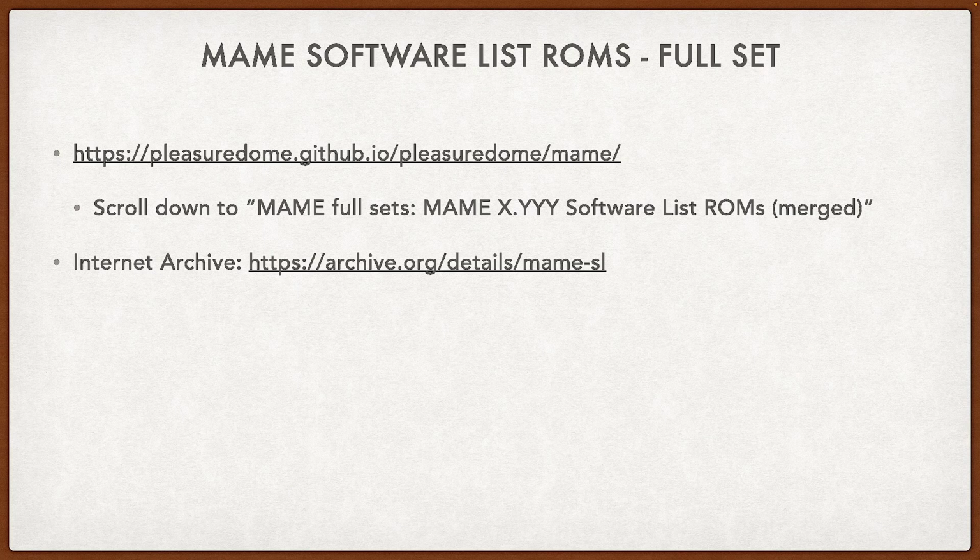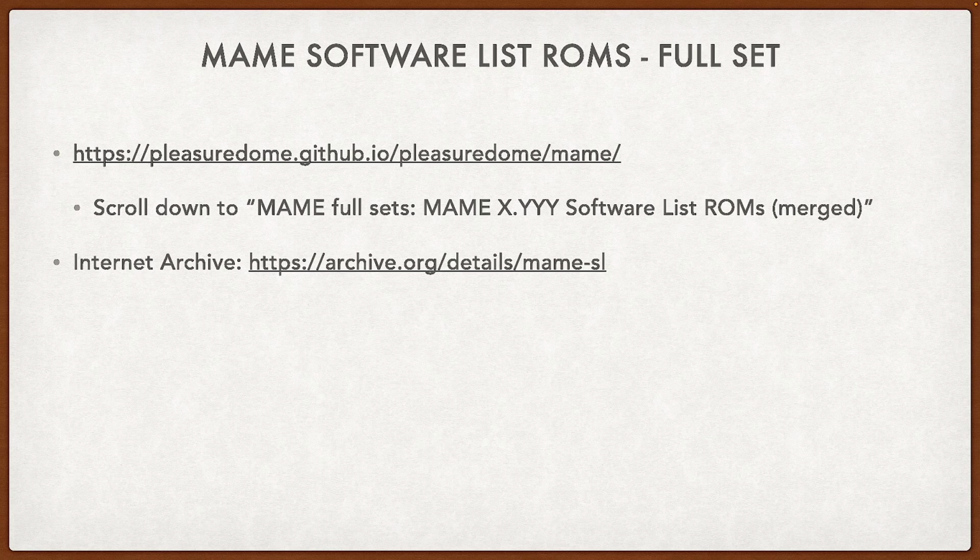In our case for PC, what they mean by software list ROMs are if there are any cartridges, like PCjr has some. That's pretty much the only ROM-capable, cartridge-capable PC machine that I know of. In our case, we're talking about floppy disks.